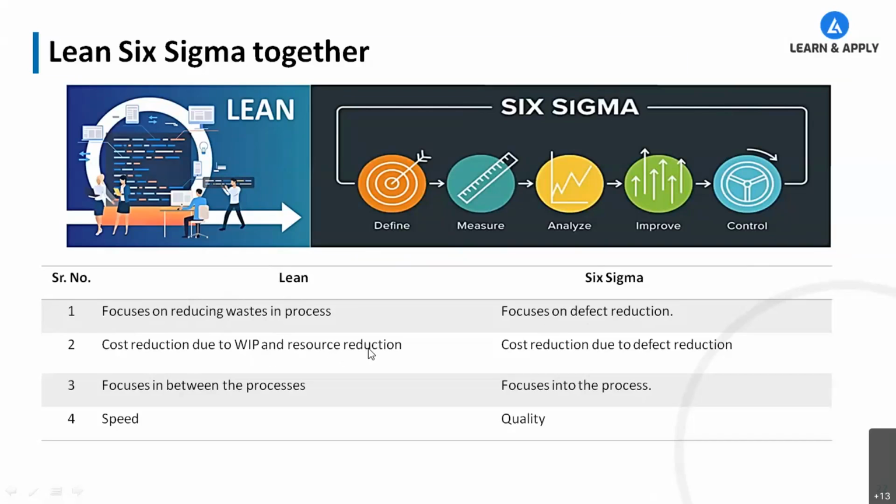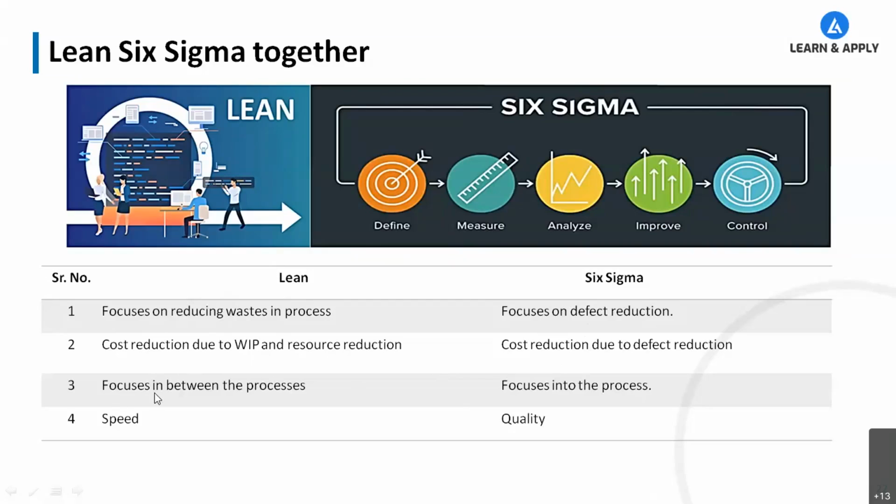So we are reducing the inventory, we are reducing the waste in this Lean approach. So that was our focus. And in the Six Sigma, there is cost reduction due to defect reduction, because we have directly targeted the defects.